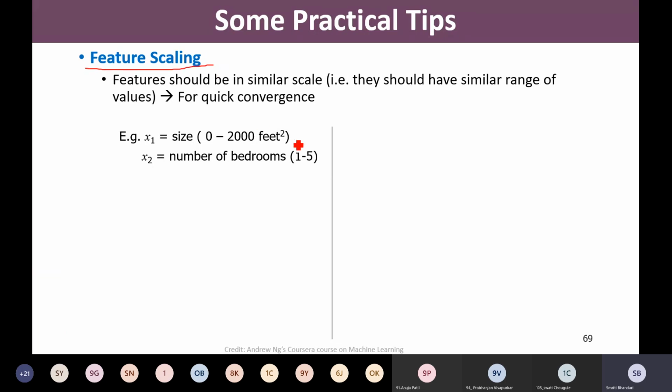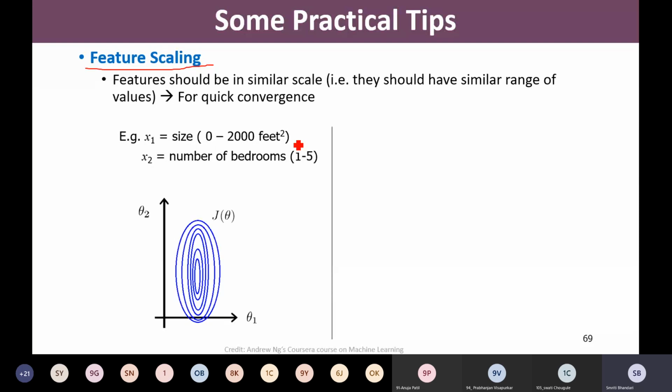There are several ways to scale the features. We have seen what happens if we have varied ranges of values for different features. Let us assume we have these 2 features and we have plotted the contour plots of the cost function J of theta, described with respect to 2 parameters, theta 1 and theta 2.